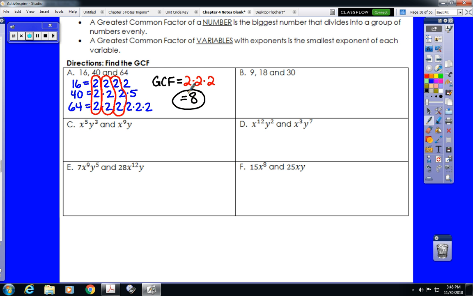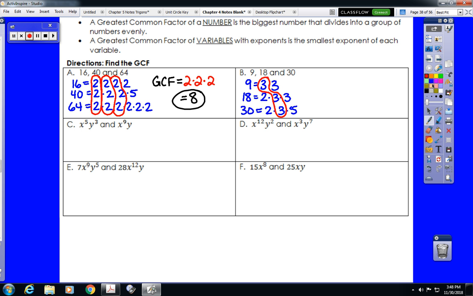So we're going to do the same thing for these other numbers here. 9 is 3 times 3. 18 is 2 times 3 times 3. And 30 is 2 times 3 times 5. So this one's actually a little bit easier because the only thing that those 3 numbers have in common is 3.